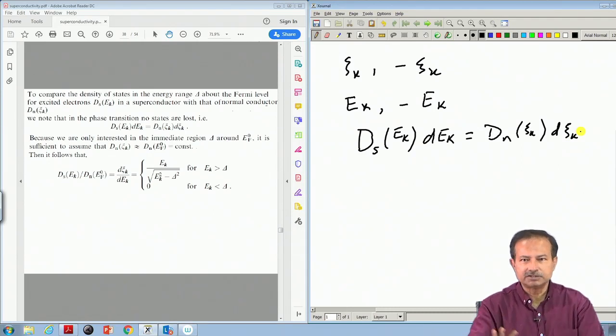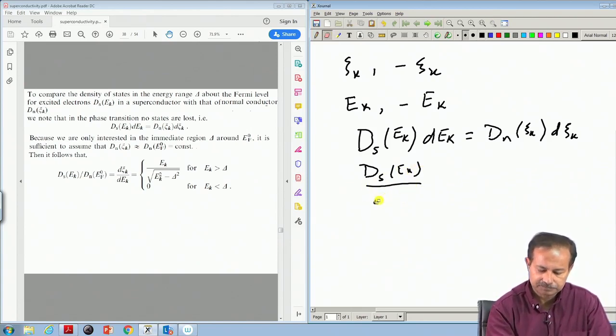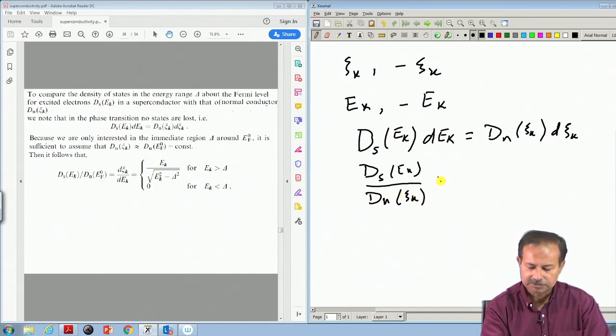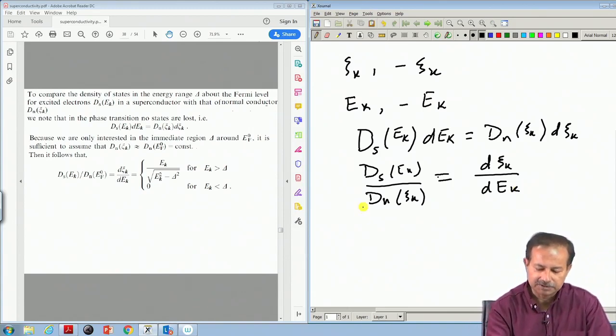The density of states is not eaten up, but they can pile up, and that is what we will see immediately. D_s of E k by D_n of epsilon k is d epsilon k by d E k, the same as what we were writing for free electrons.